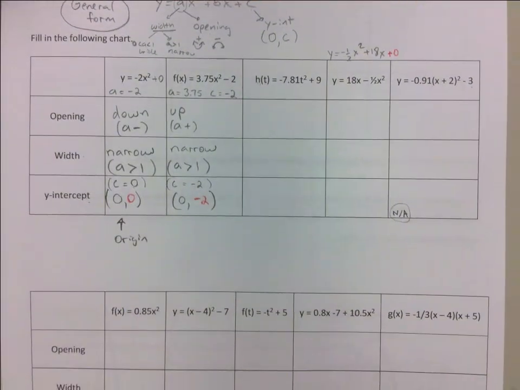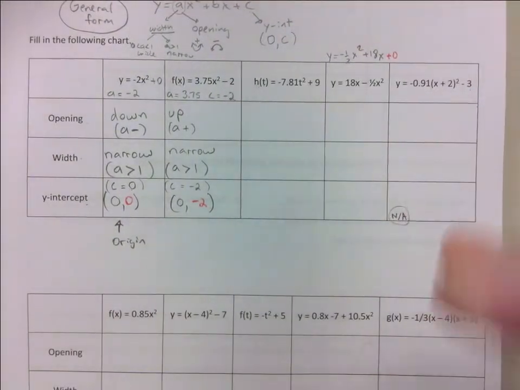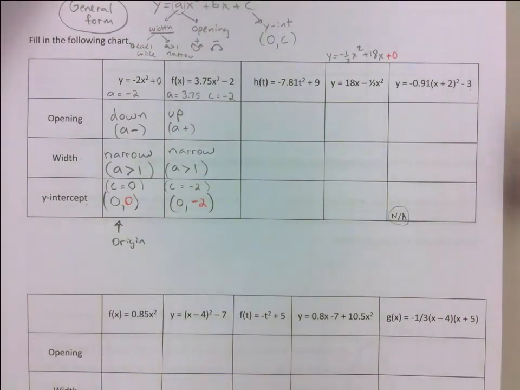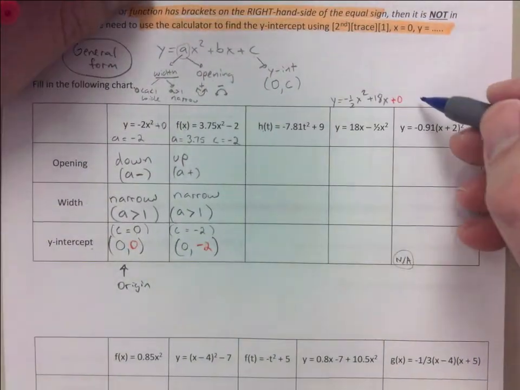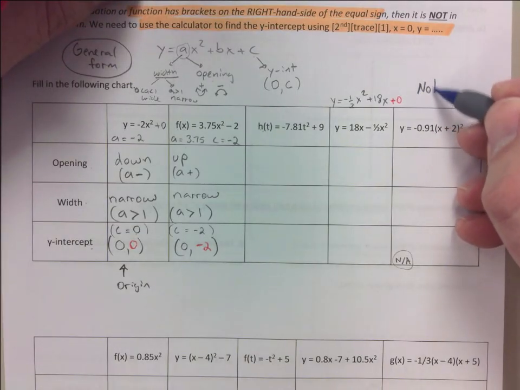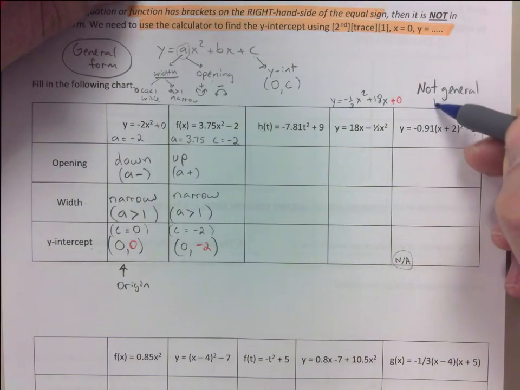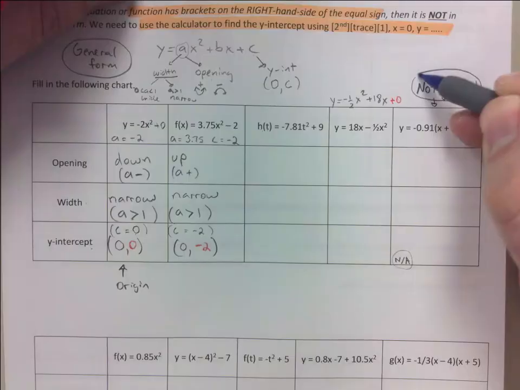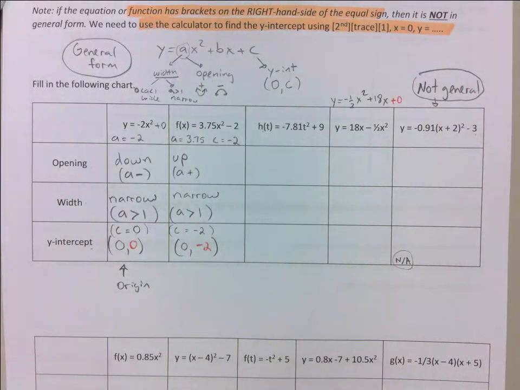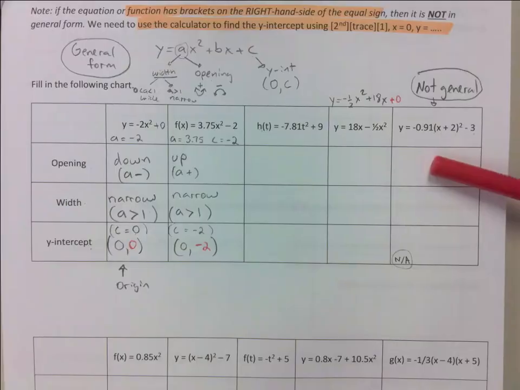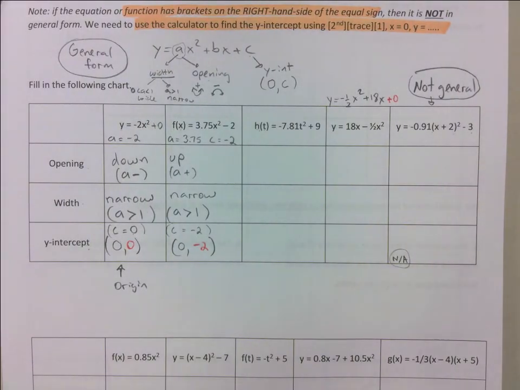So the homework is to do both this one and this one. Let me just add this here, okay? Not general. Make sure you write this down. This one is not in general form, so you can still answer this. By the way, let's write this down together.